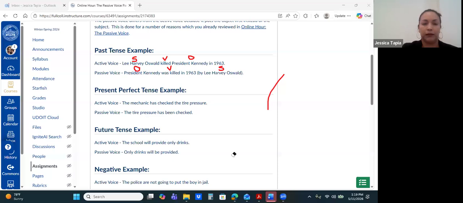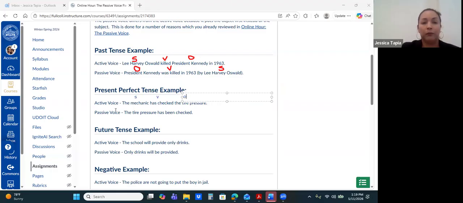Let me erase this. All right, let's look at a present perfect tense example. So in the present perfect, we have the mechanic has checked the tire pressure. This is the present perfect that we know, right? So we have the subject, the mechanic, the verb has checked, and the object, the tire pressure.